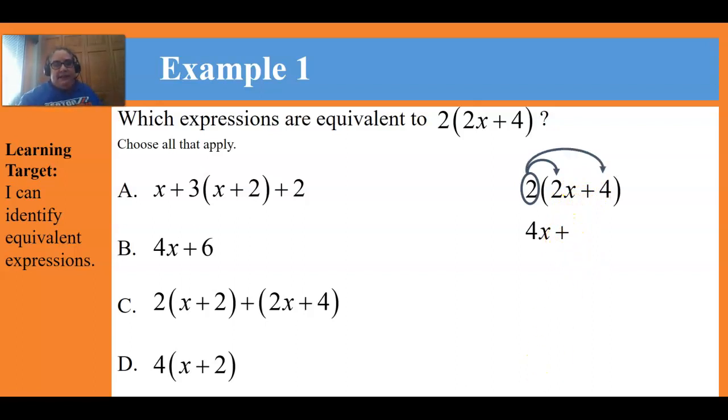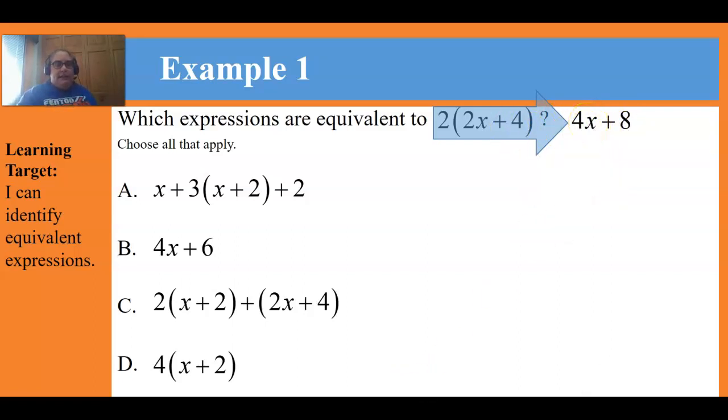And then I'm going to take the 2 times 4. I'm going to do that in my head. 2 times 4 is 8. So 2 times 2x plus 4, another way to write that is 4x plus 8. So those two are equivalent. It's just a different way of writing. So when I start to think about this 2 times 2x plus 4, instead I'm just going to think about 4x plus 8 because they mean the same.